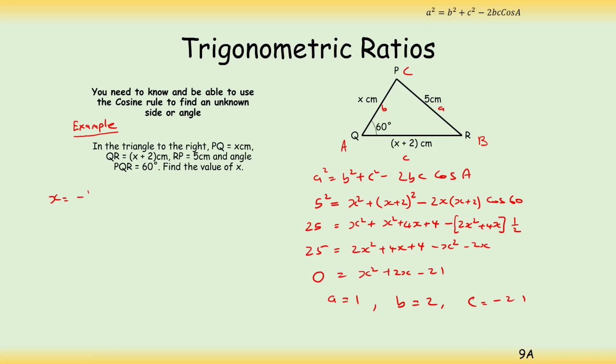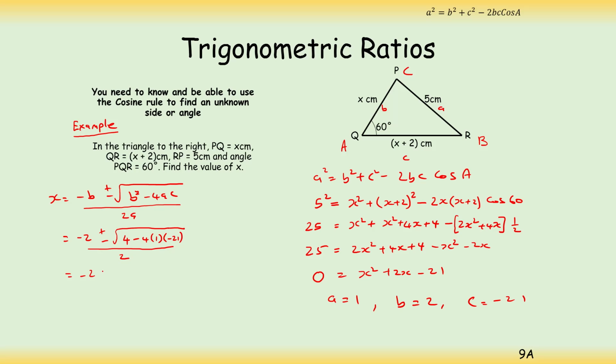x is equal to minus b plus or minus the square root of b squared, the discriminant, minus 4ac, all over 2a, which is equal to minus b, so minus 2, plus or minus the square root of b squared, which is 4, minus 4 times a times c, all over 2 times 1, which is just 2.